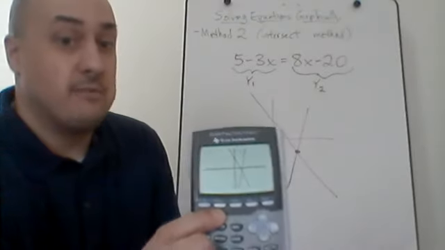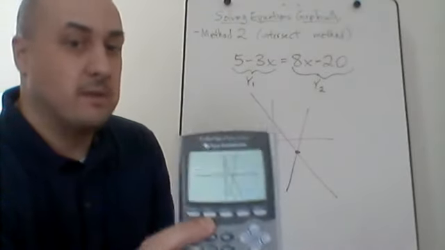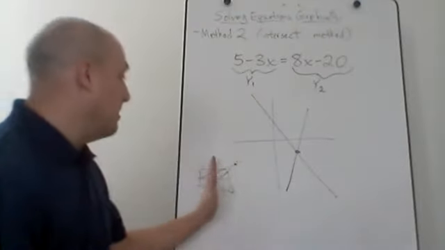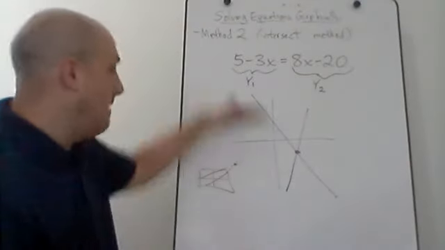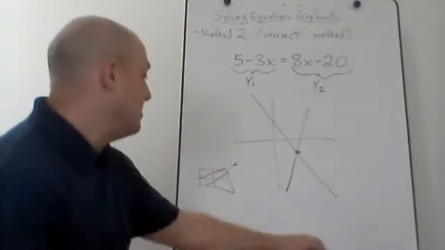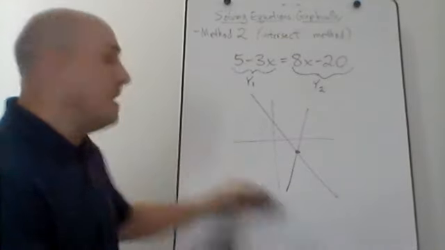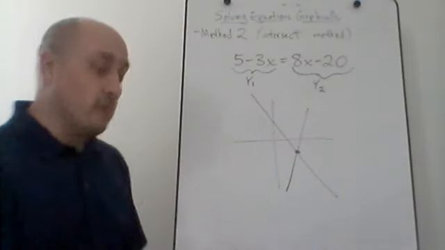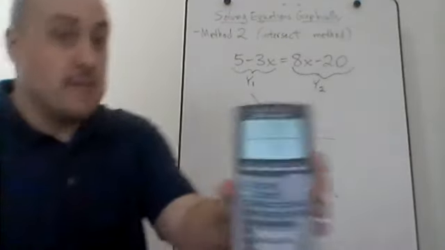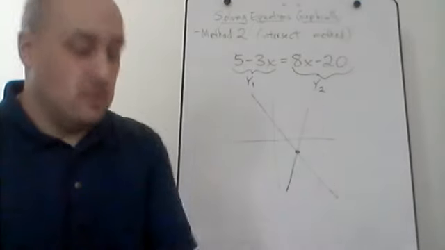If you have a TI-83 or 84 calculator, it's right above my finger there. You can use that window button to make your X values bigger, make your Y values bigger until you actually have that intersection point on the screen, and then your calculator will tell you the coordinates of that point for you. In this case, though, it's on the screen already, so I can just go ahead.